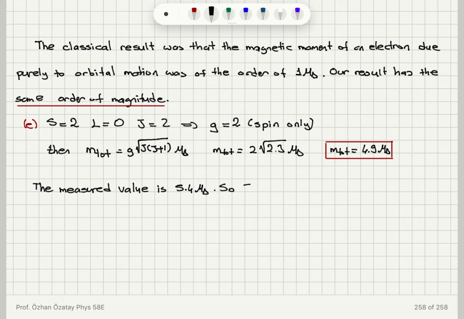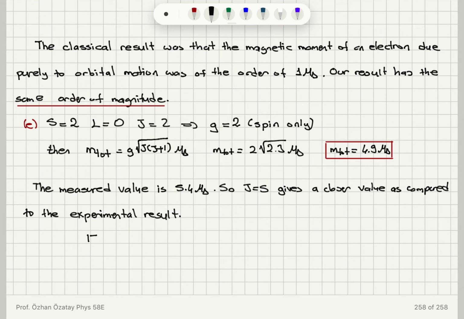So J equals S gives a closer value as compared to the experimental result. So what is the conclusion? Why is that the case? It appears that there is a mechanism for the orbital angular momentum contribution to be quenched to some degree.